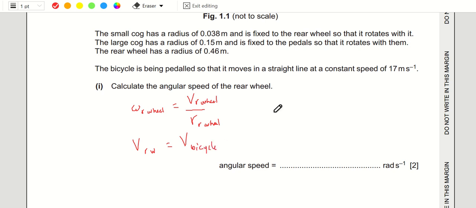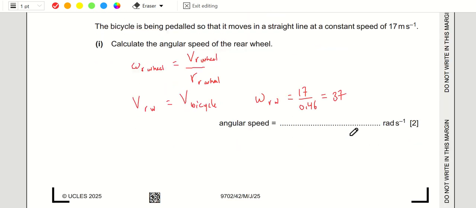So omega rear wheel equals 17 divided by the radius of the rear wheel, which is 0.46. So the result will be 37 rad minus 1.